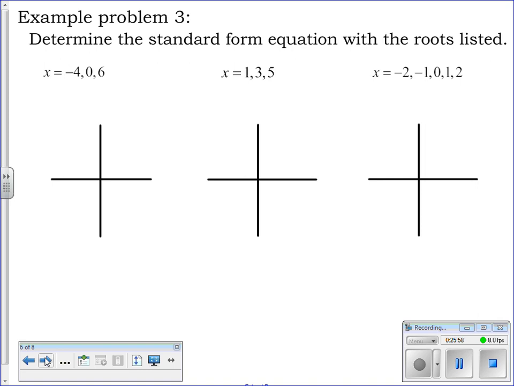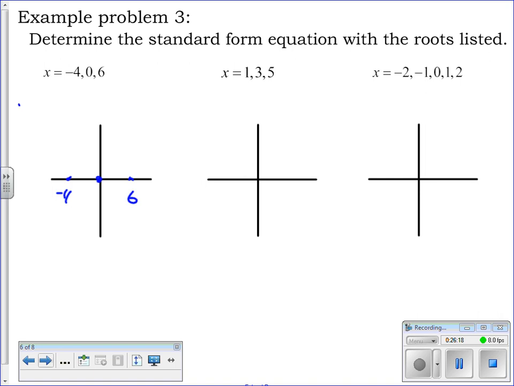So when x equals these, that tells me I cross at -4, 0, and 6. Those are my zeros. That's where it crosses. Now, don't assume any of them are double roots unless they give you 2 of them. Then you just figure out what my factors are.